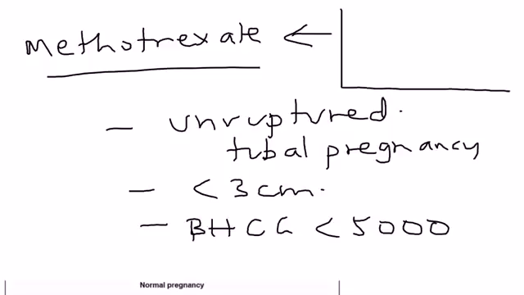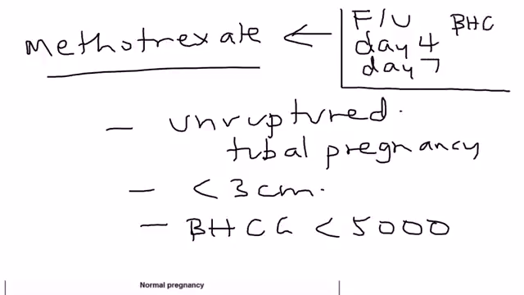But there's a very important part of this treatment, and that is the follow-up. How do you know that once you gave the medication that it's actually working? The way you do that is very specific. After you give the drug, on day 4 and on day 7, you have to measure the beta HCG level. And what you're looking for is a decrease of greater than 15%.